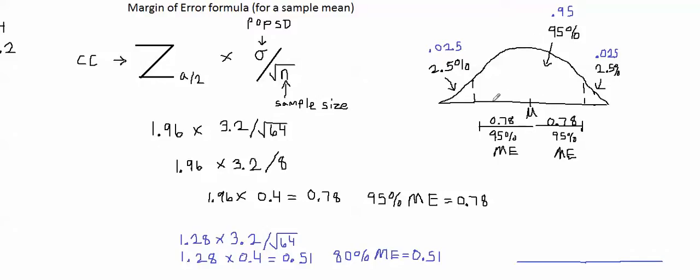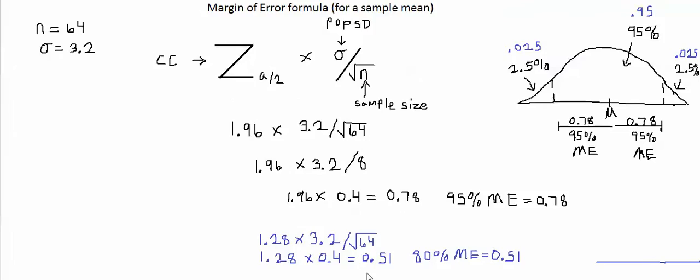The reason why we know that the sampling distribution is normal is because I'm using a sample size above 30. The sample size is 64. So if the sample size is 30 or larger, then the sampling distribution is always at least roughly normal, regardless of what shape the population has.